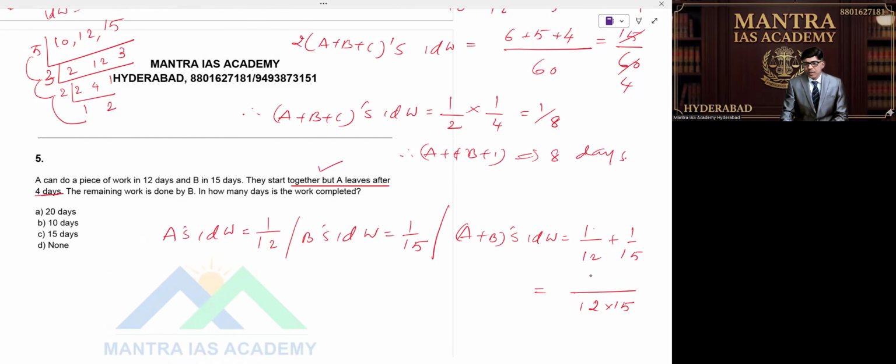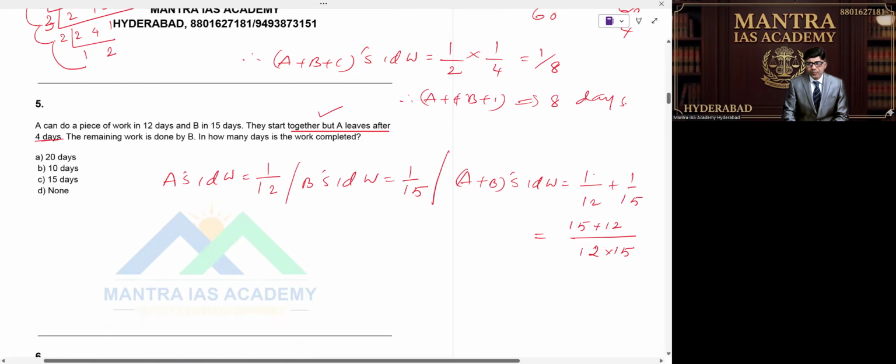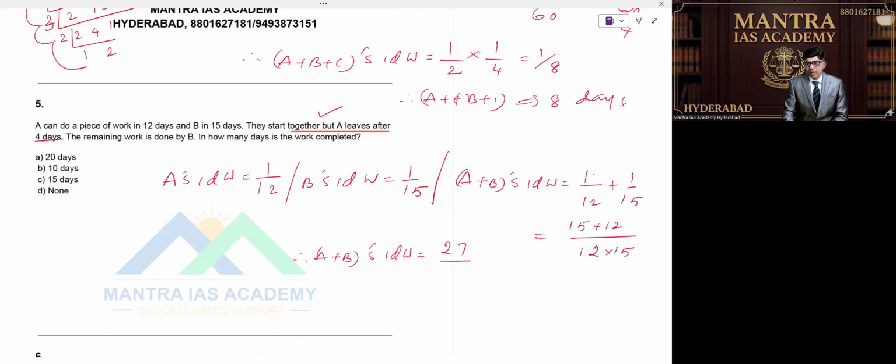Therefore, A plus B's 1 day's work is equal to 27 by 12 into 15. 3 9s are 27 and 3 5s are 15. Now you can say 3 3s are 9 and 3 4s are 12. So this work is nothing but 3 by 20, my dear. Understand now? This is 3 by 20.